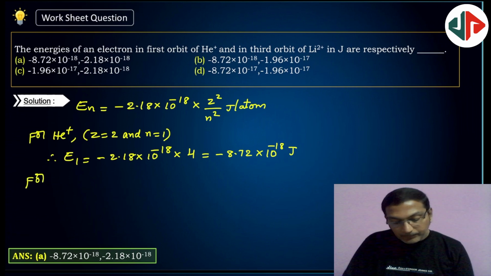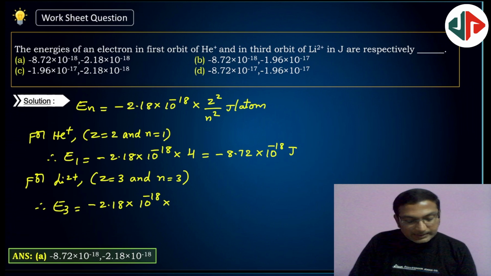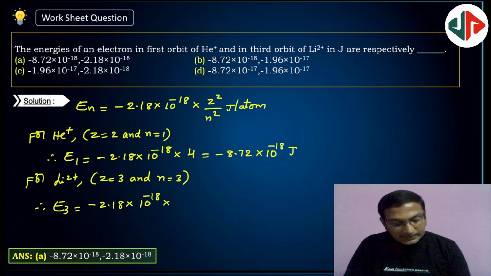Next for Li2 plus, Z is 3 and n value third orbit, n equal to 3. Therefore E3, third orbit: minus 2.18 into 10 power minus 18 into Z square by n square, that is 3 square 9 by 9.